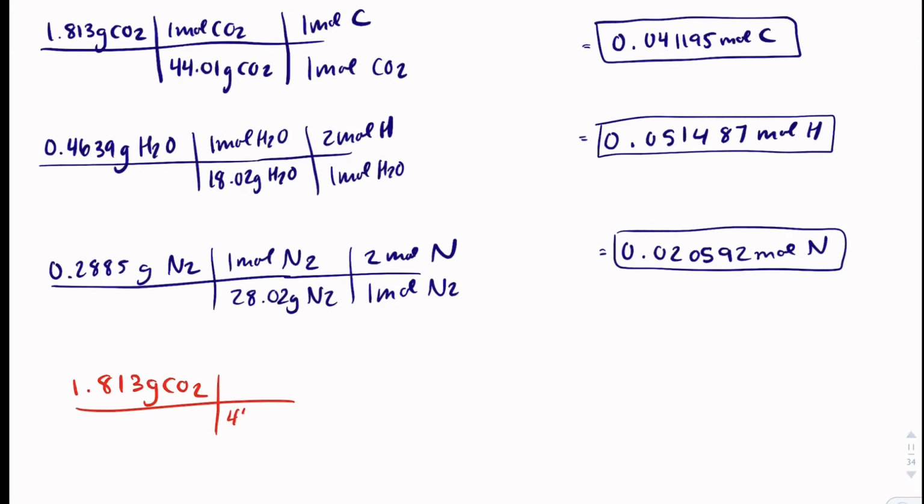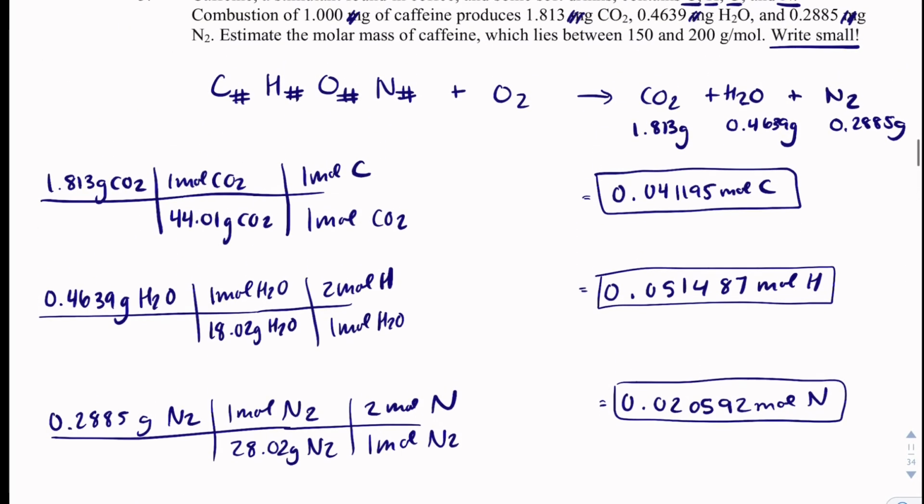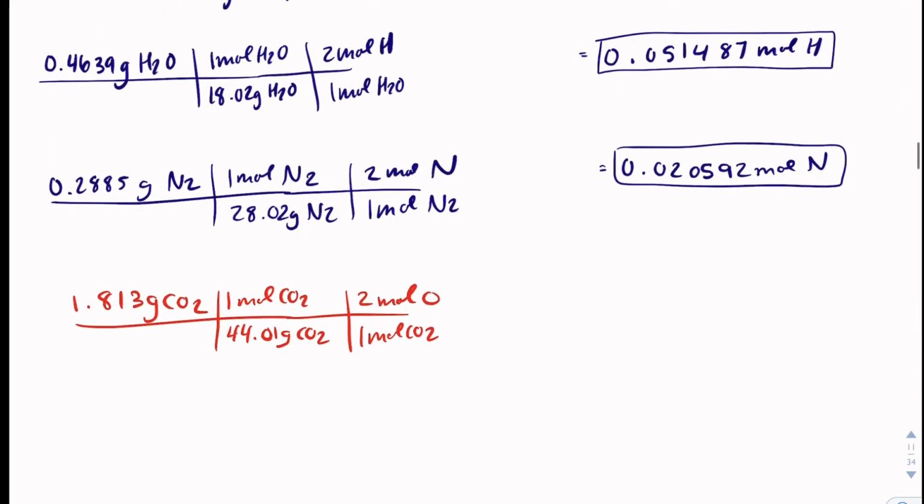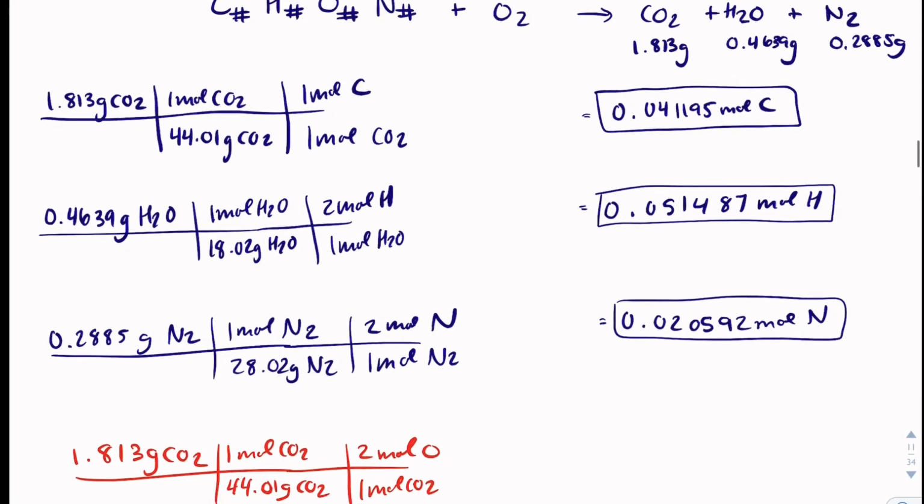Say there's 44.01 grams of CO2 in 1 mole of CO2. And then in 1 mole of CO2, there's 2 moles of O. That makes sense. That'll tell me how many O's. And then they're like, oh, well, that can't work completely because there's also O's in water. And again, I'm taking the time to explain why this is not going to be good, so you don't make this mistake on a test or quiz.